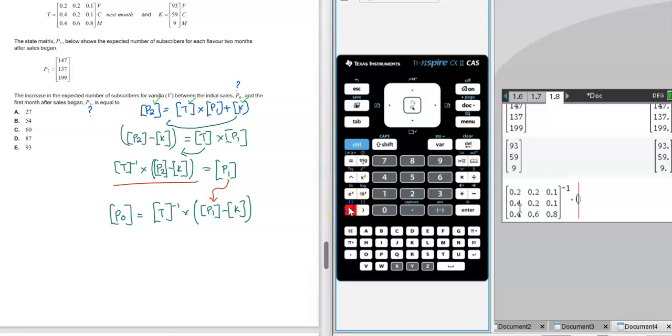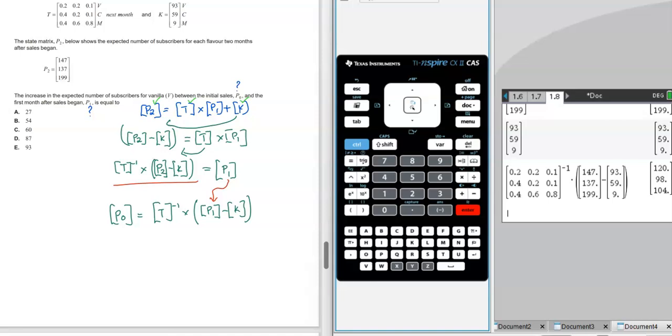We moved P2 and K over first, so you need to have that in brackets. The brackets are important. So I've opened the bracket and I had P2, which is this matrix, minus K, which was that one, and then closed the bracket, and then we times it.